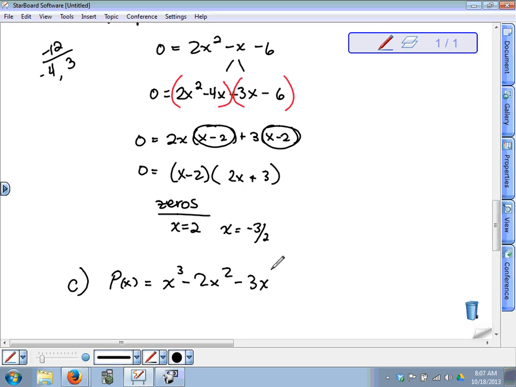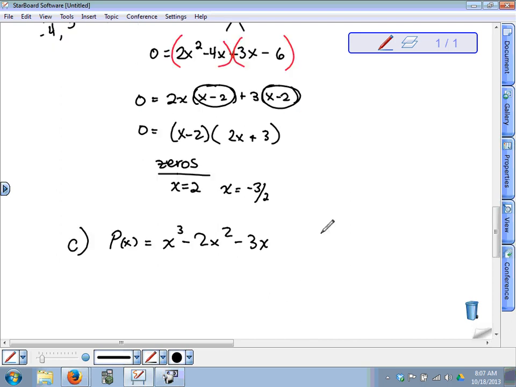Okay. How do we factor a third degree polynomial? Which is what? X. If you notice, you're right. If you notice, every term has at least one x that you can factor out. So, factor out the x. P of x equals x times x squared minus 2x minus 3.